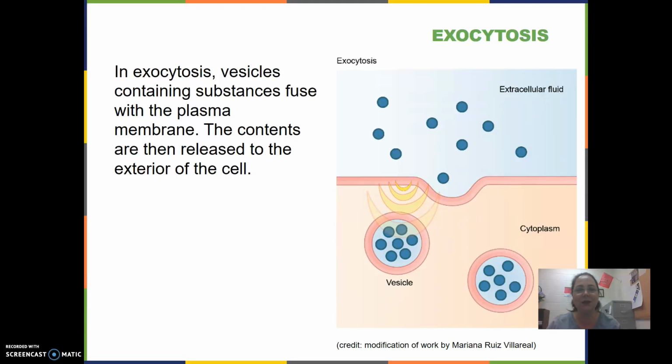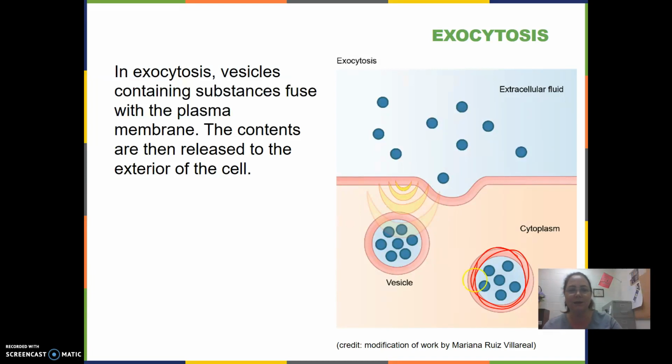Now, exocytosis is exactly opposite. So whatever is in the vacuole, this vacuole probably formed by pinching off from the Golgi apparatus, and it's probably got some substance that this cell produced. If this is a cell from your pancreas, a beta cell from your pancreas, then these little blue molecules could be insulin.